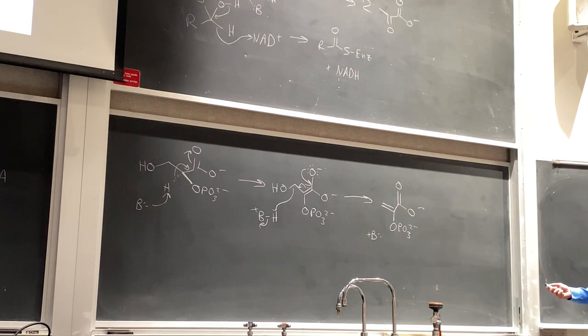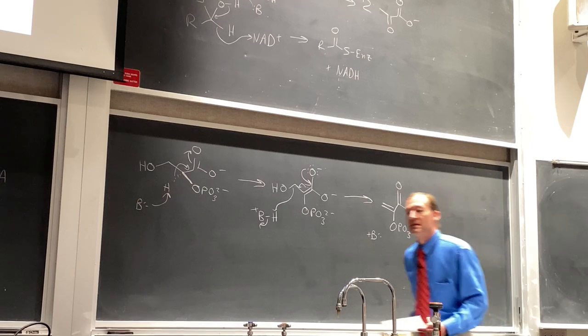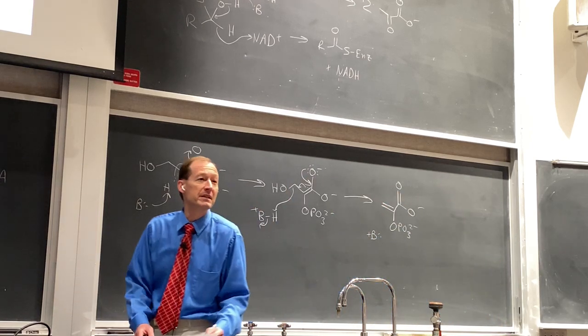Okay, so it's an E1CB mechanism via an enolate intermediate. And then we don't have free hydroxide floating around. It's just going to get protonated as it is lost from the molecule. Okay. Any questions about this dehydration mechanism that we see?